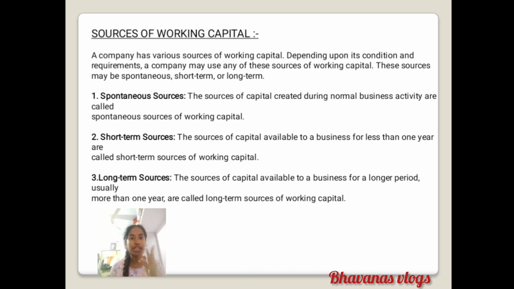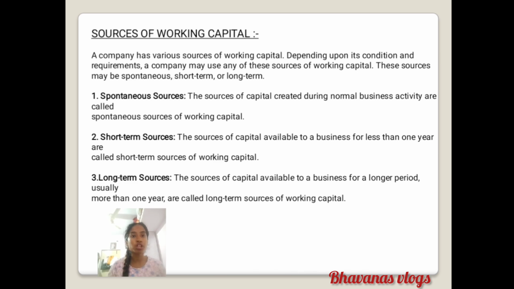The main three sources of working capital are: spontaneous is the first one, short term sources is the second one, and the third one is long term sources. Spontaneous sources of working capital are created while doing normal day-to-day business activities. The money that comes into the business from that activity is called spontaneous sources of working capital.